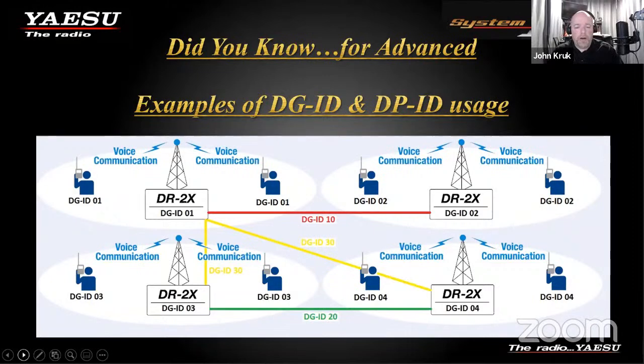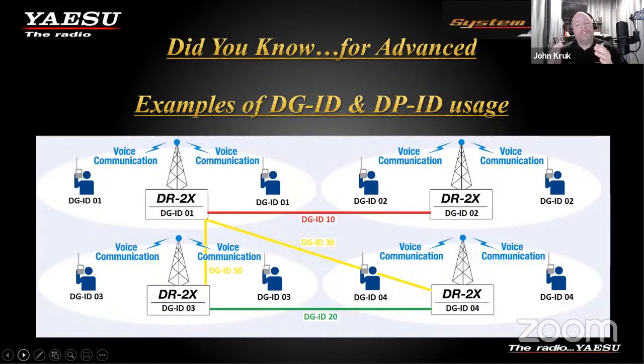None of the others are using DGID 10. DGID 20 is going to be between repeaters 3 and 4. So on repeater 3 or repeater 4, if one of the users uses DGID 20, it's going to connect only 3 and 4 together.